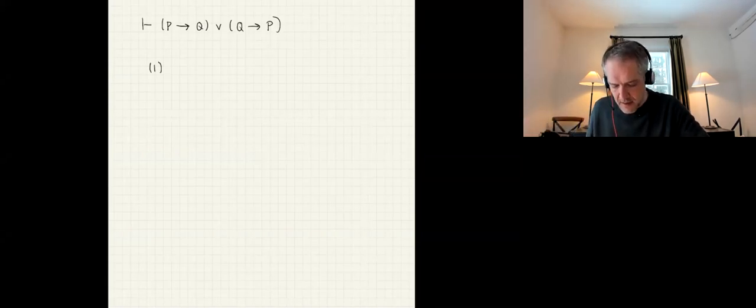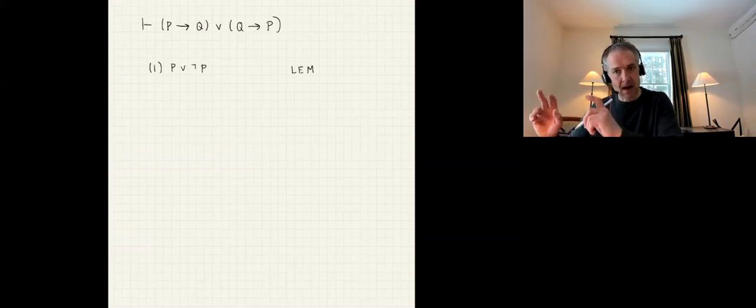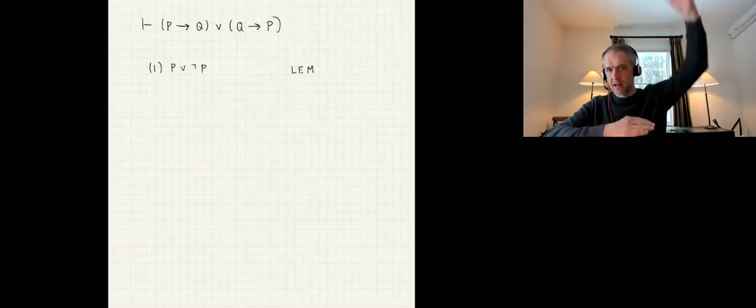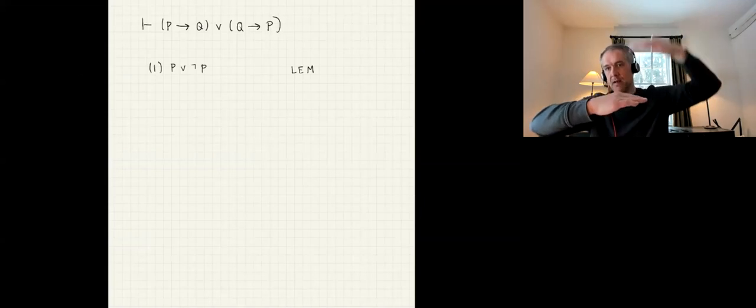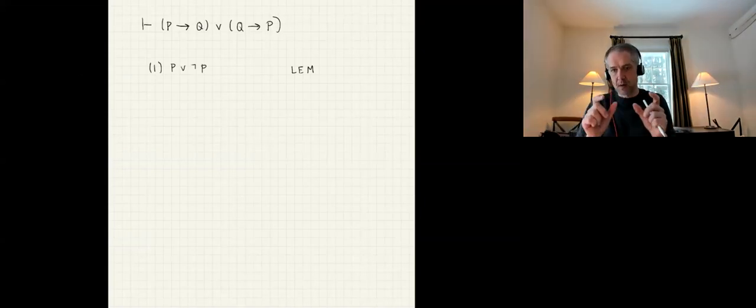That means then it can be written on a line like this, P or not P. That's the law of excluded middle. What's happening there is I'm using cut. I'm cutting in that proof. If I wrote the proof out in full, there would be many lines here at the start of the proof. But the last line of that first segment of the proof would be P or not P with no dependencies.